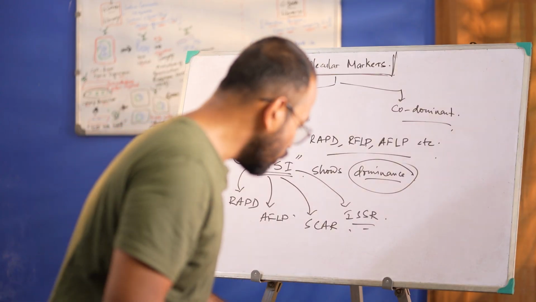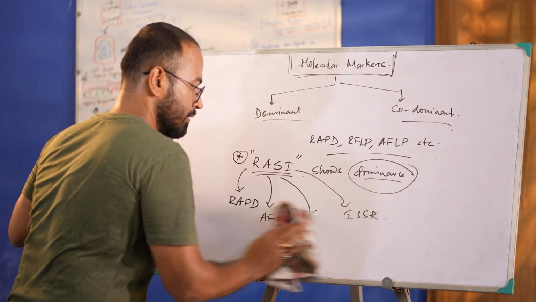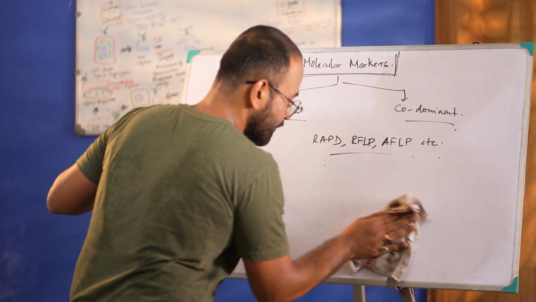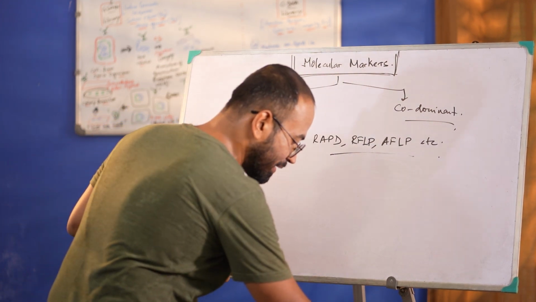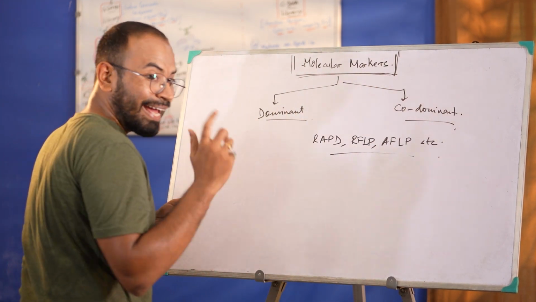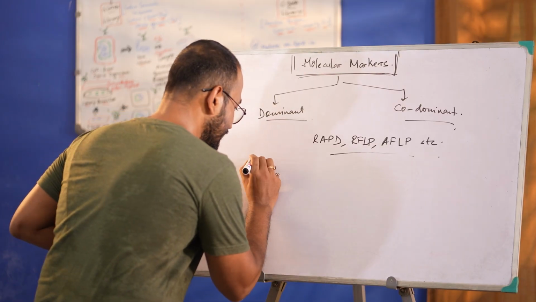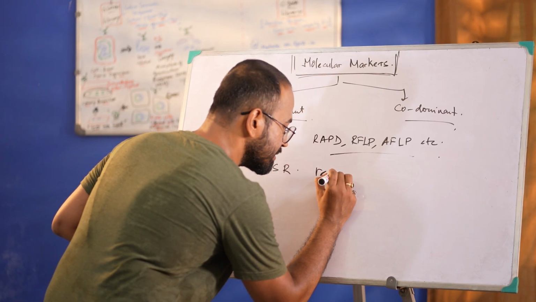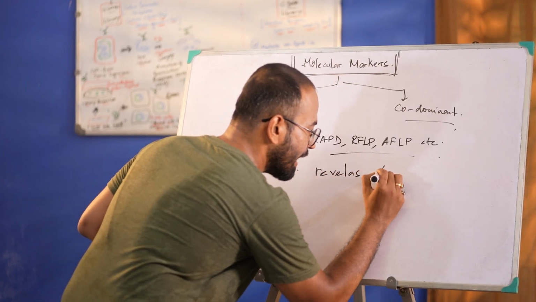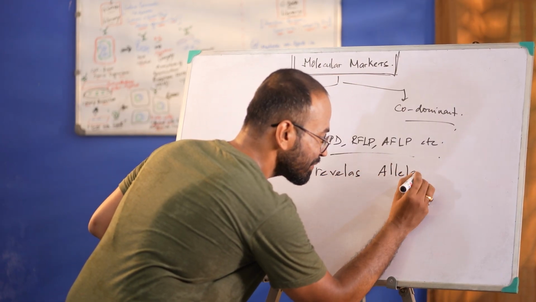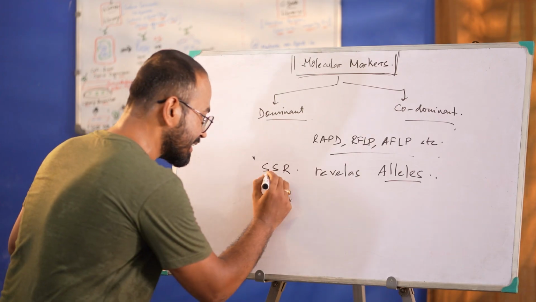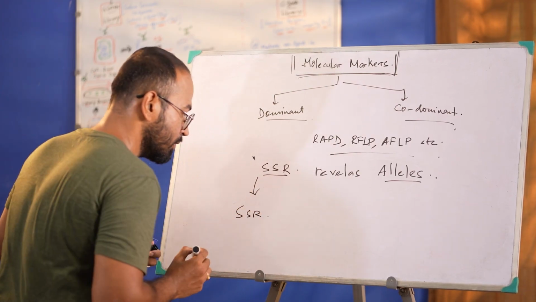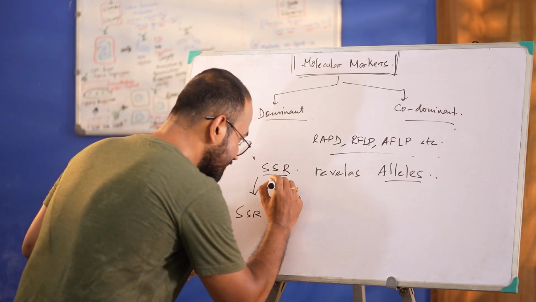When it comes to codominance, there's another tip. Say SSR reveals alleles. From this SSR, the first S stands for SSR only, which are nothing but mini satellites.